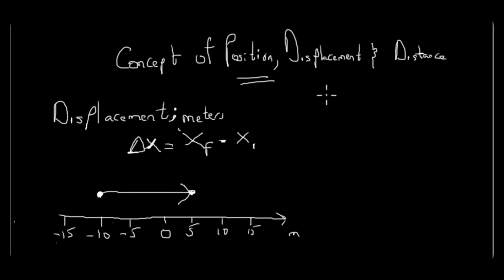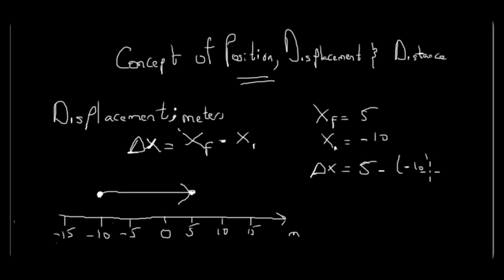So my x final will be equal to 5, and my x initial will be equal to minus 10. So my change in x, or delta x, will simply be equal to 5 minus minus 10, and that gives us 5 plus 10, and that's equal to 15 meters.